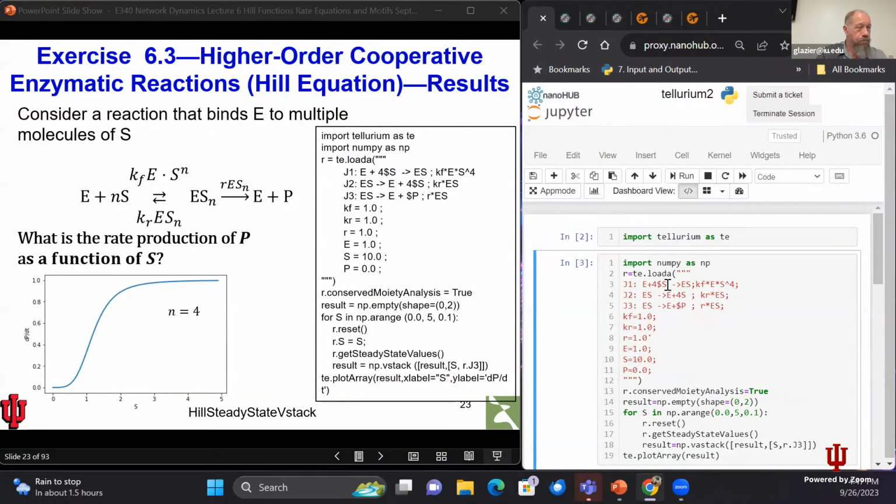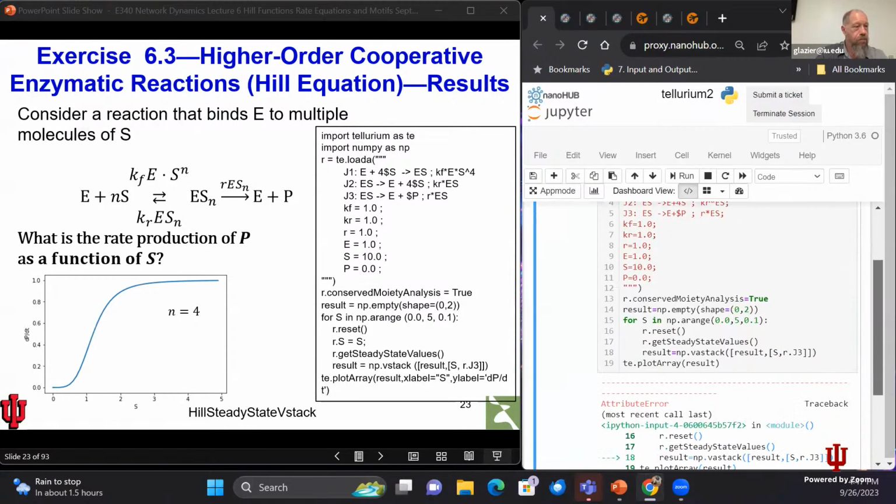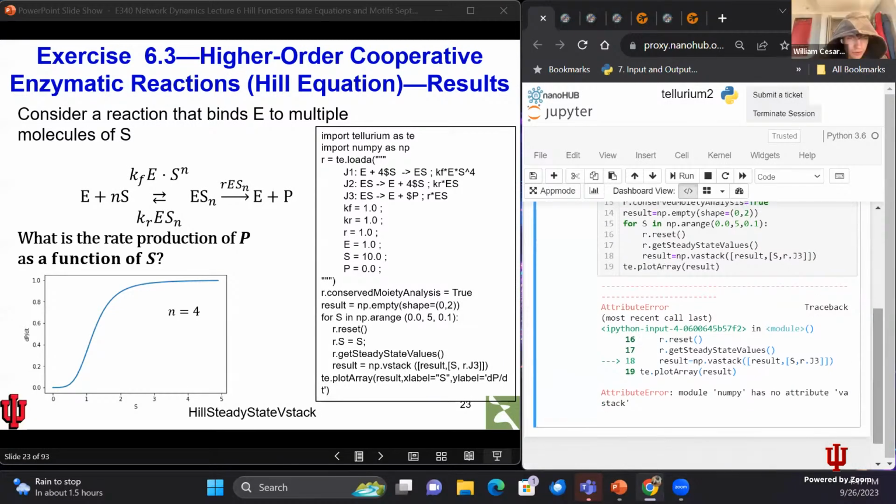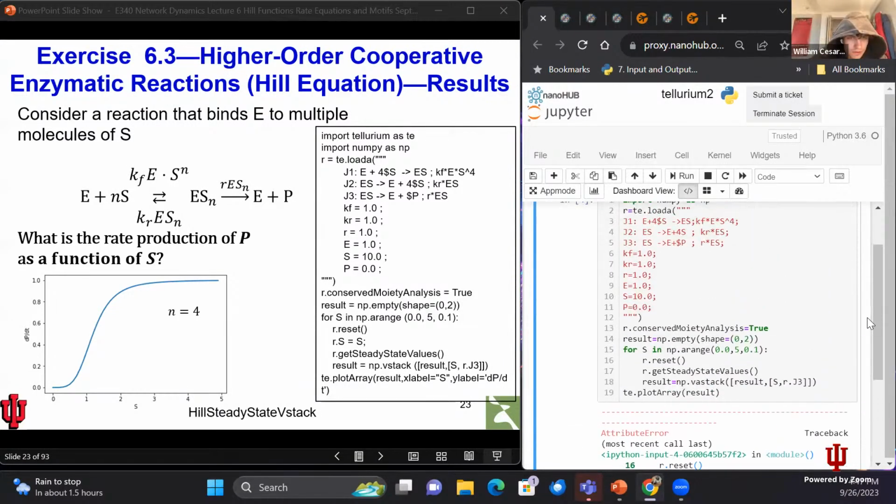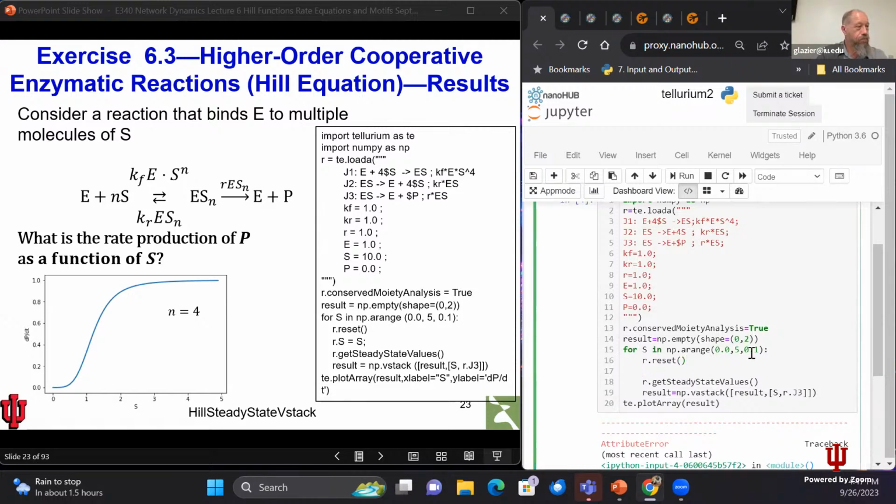Typo. I don't think you initialize ES. Ah, yes, thank you. And yes.